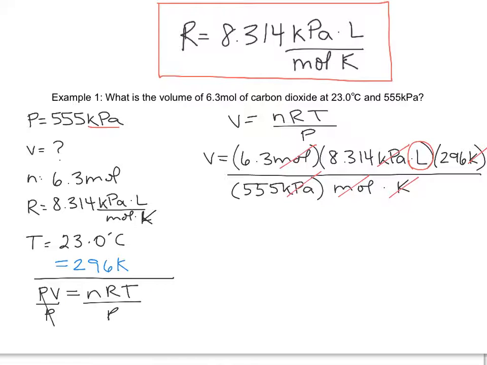So when you're doing this, make sure that, again, this one doesn't really matter because I only have one number on the denominator, but for all the other ones, make sure that you are plugging it into your calculator properly. So I get the answer that my volume is 27.9 liters. Looking back at the original question, I'm only allowed to express two significant figures, so therefore my volume is 28 liters.